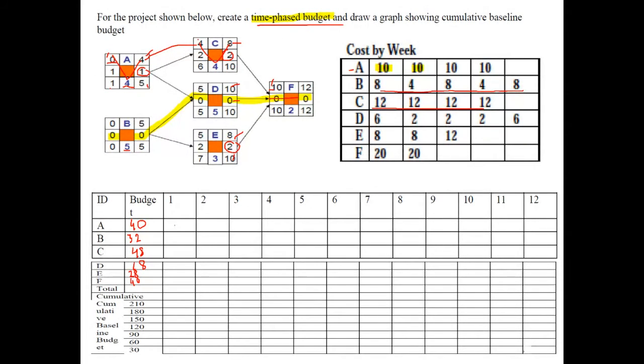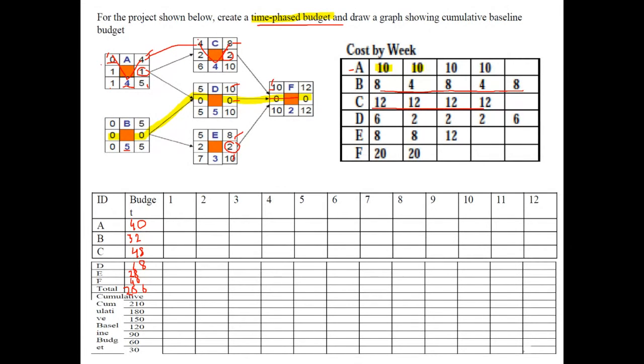Right, so we can see it is 206: 40, 32, 48, 12, 18, 28, and 40. So there's a suggestion that the cumulative is 206. Okay, so we will do a weekly cash flow.